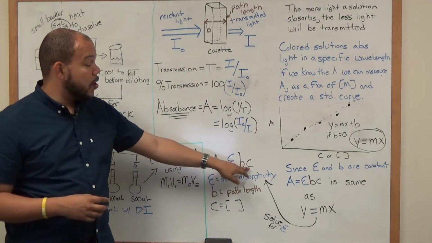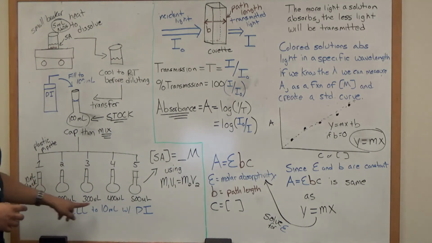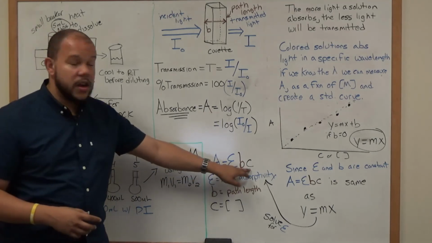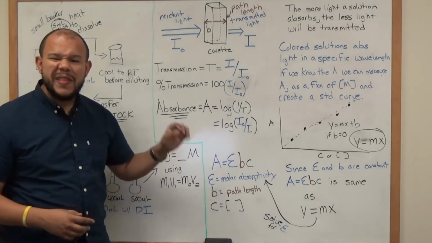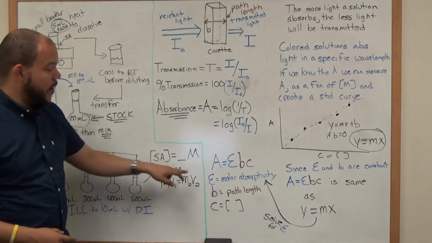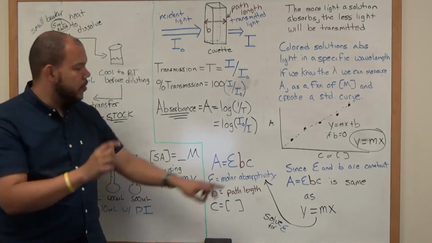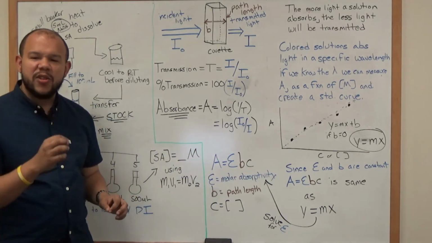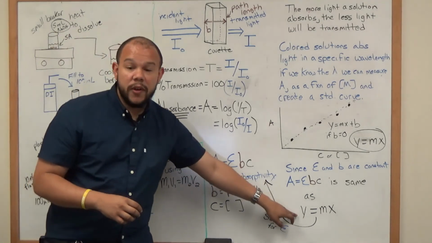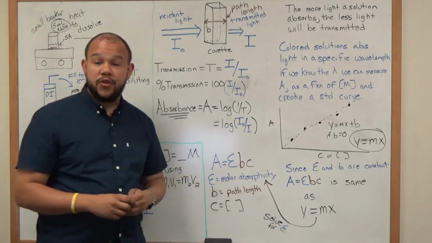Our mathematical calculations of molarity will give us concentration. So the slope of this line, y equals mx, is effectively A equals epsilon b, as the slope, times c. So we can actually determine the molar absorptivity by solving for the slope in the equation of our straight line.